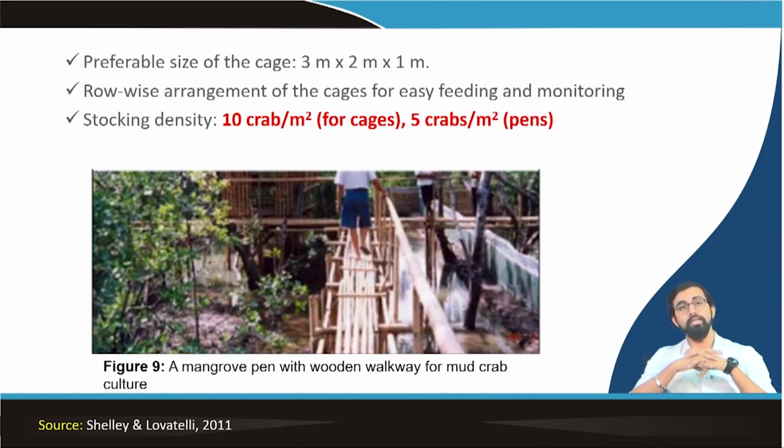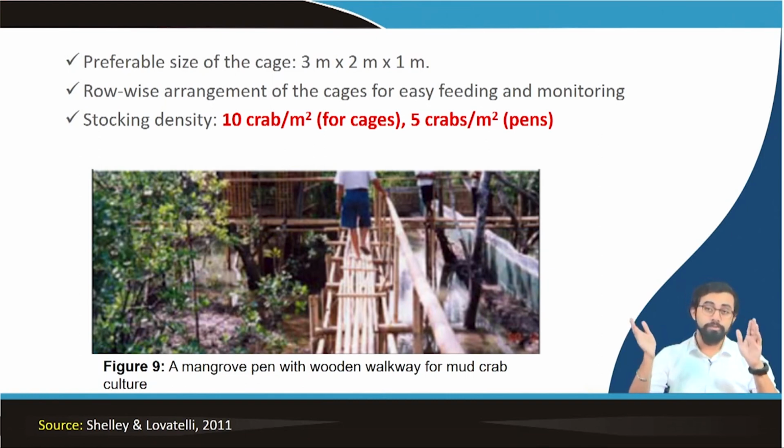In this kind of case, the preferable size of the cage, if it is a cage culture, should be around 3 by 2 by 1 meter, so around 6 cubic meter volume, with a row arrangement of the cages for easy feeding and monitoring. Stocking density can be as high as 10 crabs per square meter, and 5 crabs per square meter even for the pen culture, which definitely increases your productivity.